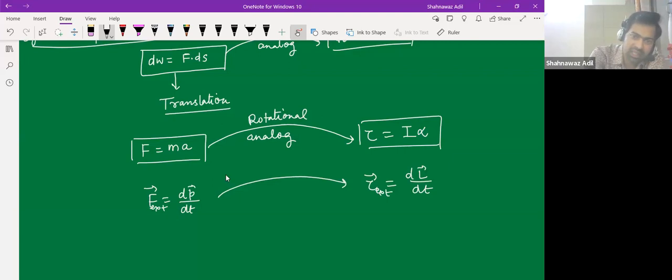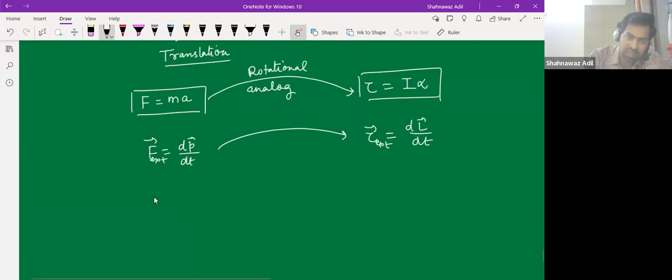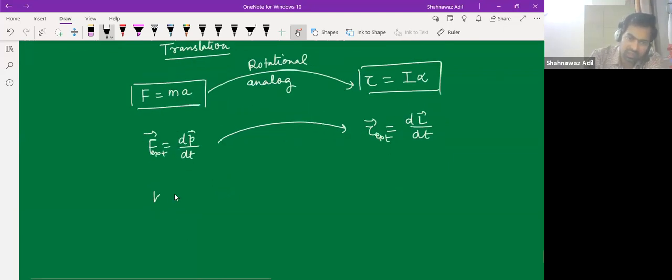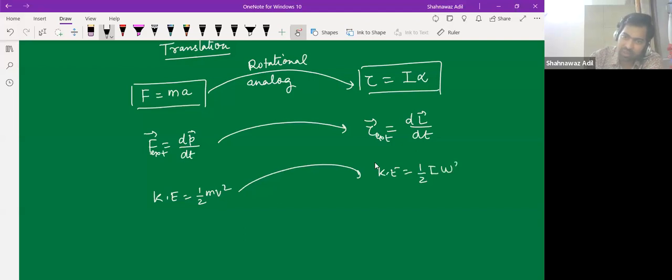And the last one is kinetic energy: half mv square, and for the rotating object, half m becomes I and v becomes omega. So these are the rotational analogs of the dynamics of a rotating object.